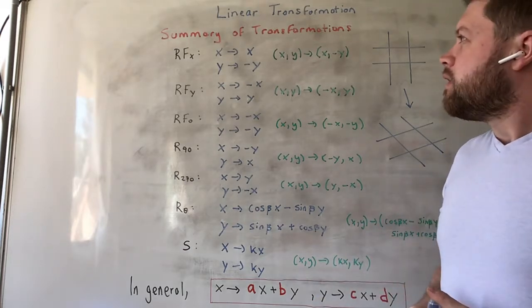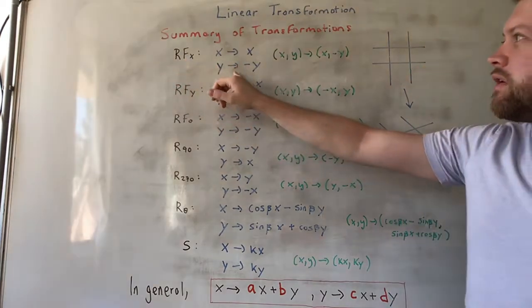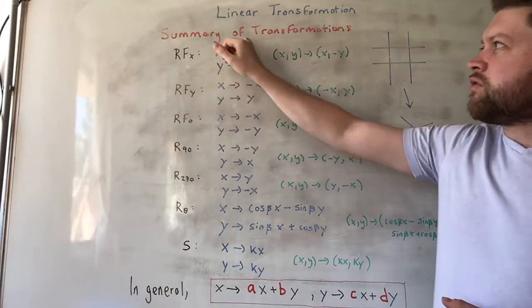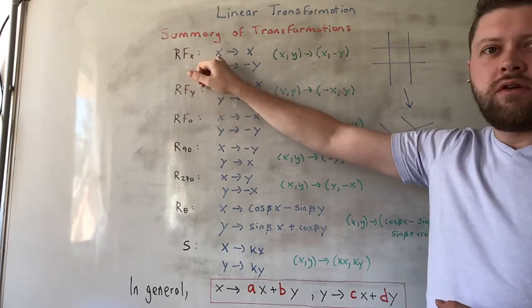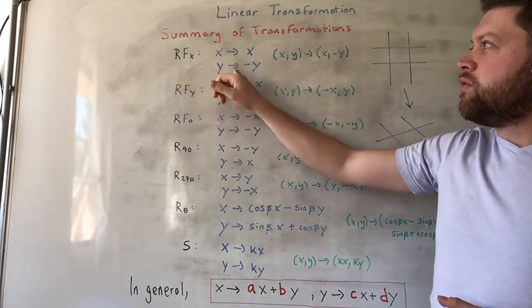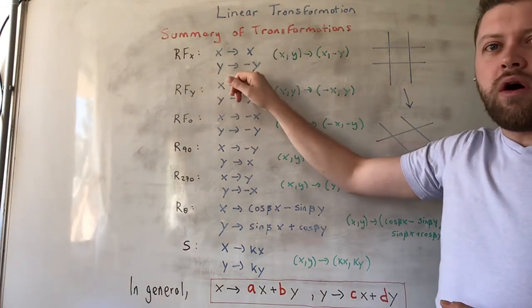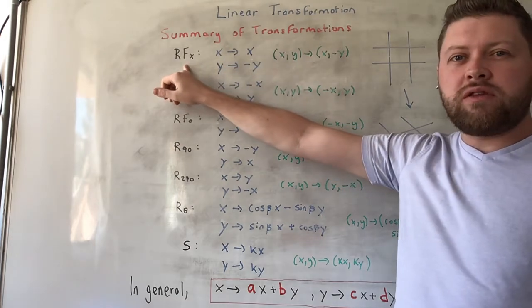So when we talked about a reflection in the x-axis, we saw that this was the transformation that occurred. The x-coordinate moves to the x-coordinate, and the y-coordinate moves to the negative y. So this is the transformation that happens when you reflect a point in the x-axis.